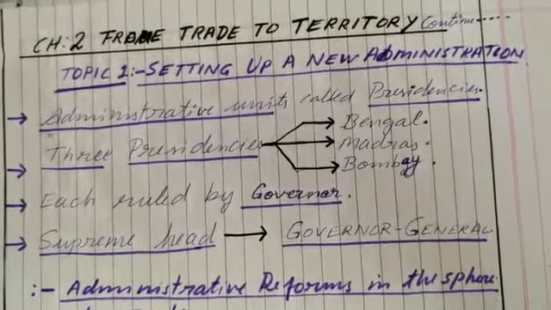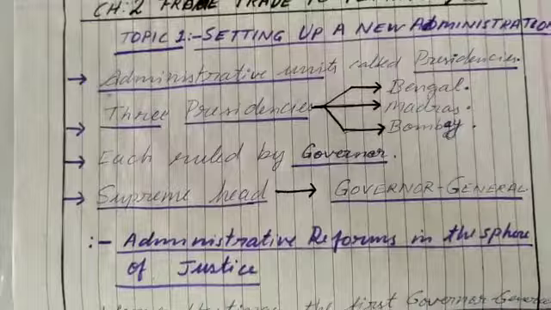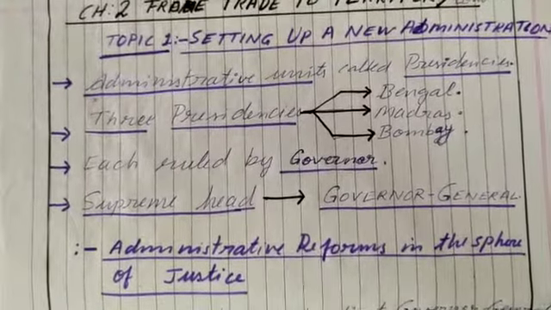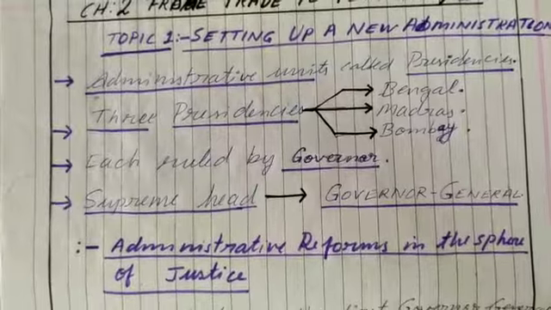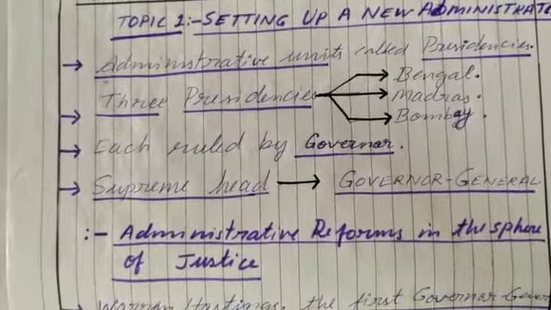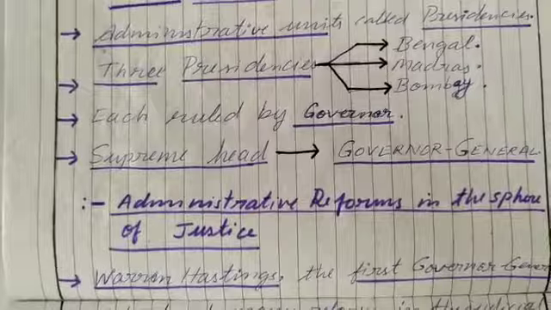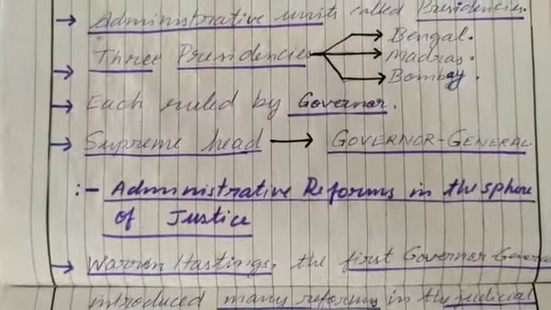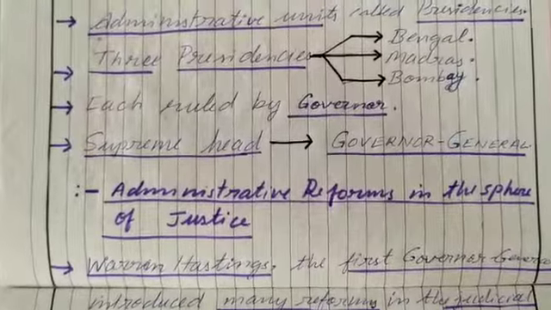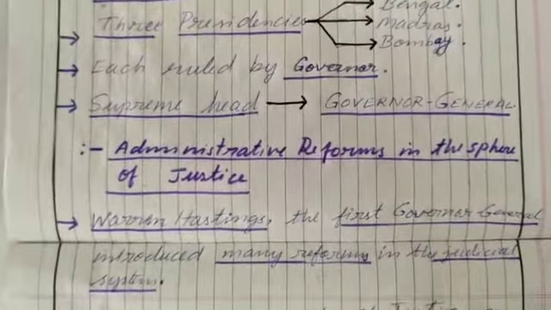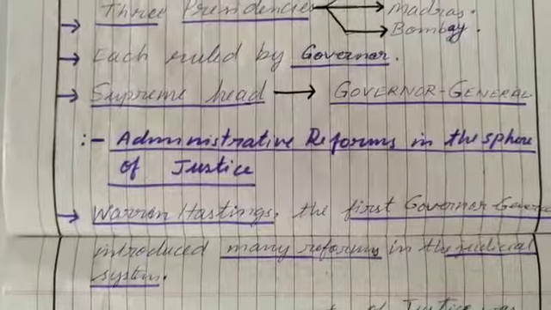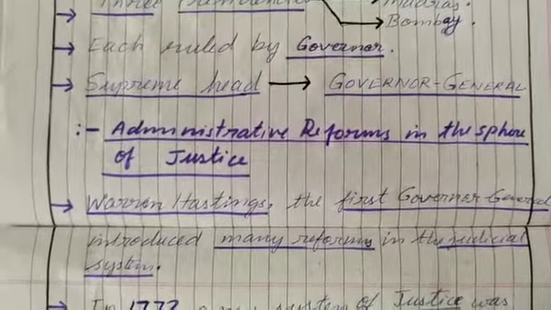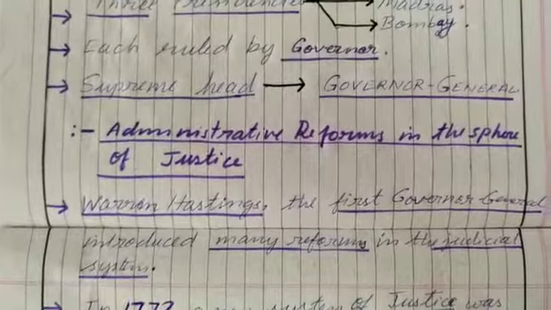The British territories were broadly divided under three presidencies at that time: the presidencies of Bengal, Madras and Bombay, each ruled by a governor. And this post was given only to British, no Indian governor. And the supreme head of the governors was known as the Governor General, the highest post of the East India Company in India.